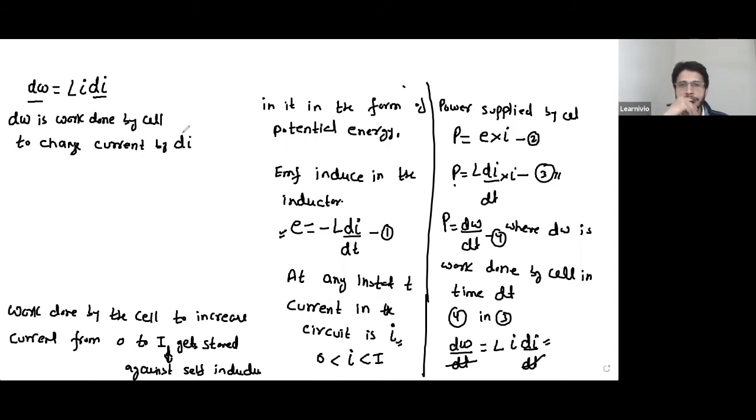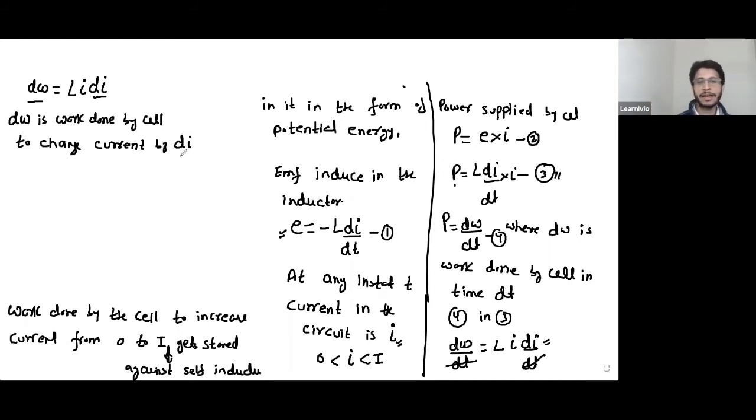Fatma. See, it would be zero. The cell does work only when the current is changing, because self-induction will play its role only if your current is variable. But if your current is constant, then the cell will not play any role. The cell will not do any work.